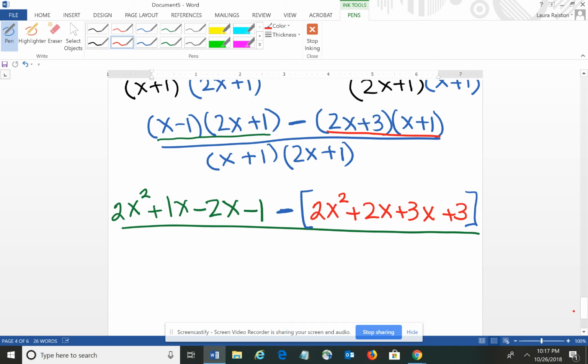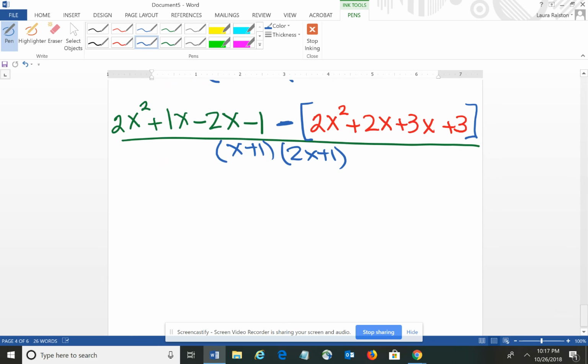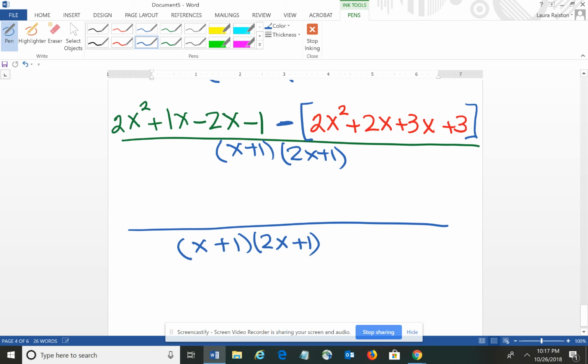And I still have my common denominator of x plus 1, 2x plus 1. So I'm going to keep that common denominator, but then I need to combine the like terms in the numerator. I want to show you how I'm going to distribute that negative, because this is one of the areas where students make a lot of mistakes: they don't distribute. Remember, there's an understood 1 here, so we have to distribute it all the way through.